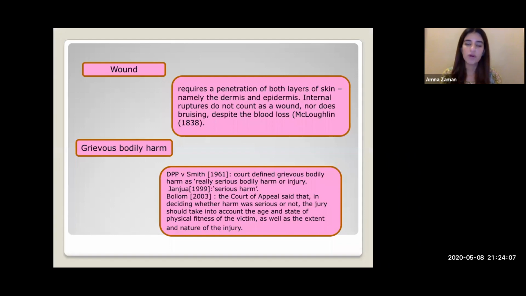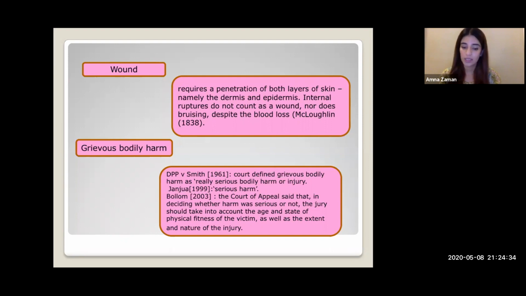Now, before we move on to the mens rea element, it is very important for you to understand what actually do we mean when we say that the defendant either has to cause a wound or has to inflict grievous bodily harm. When we talk about wound in legal language, wound requires a penetration of both layers of the skin, dermis and the epidermis.